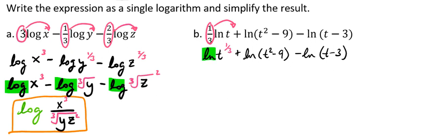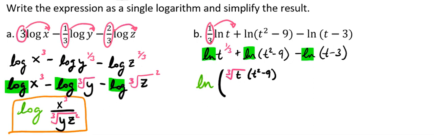And so again, we see we have 1, 2, 3 natural logs that are all the same. And so we can write this with one natural log. We know from the last example we did that this can be turned into a radical form. And so we're going to have the natural log of the cubed root of t, and we're going to be multiplying that with t squared minus 9.